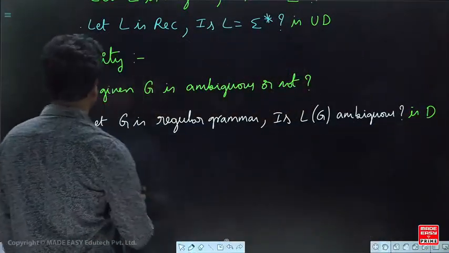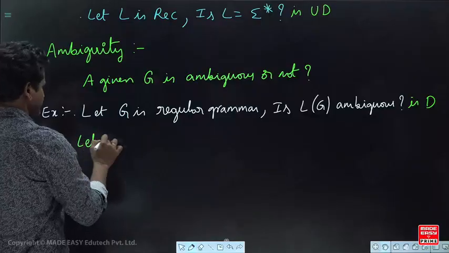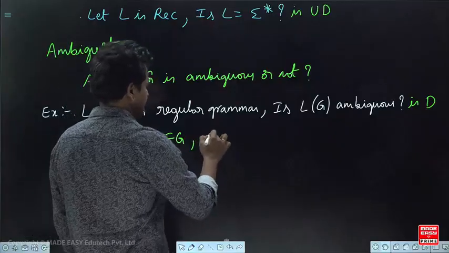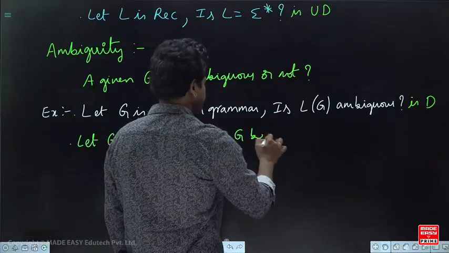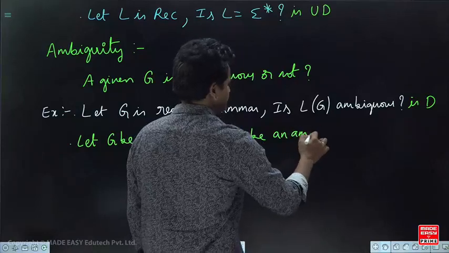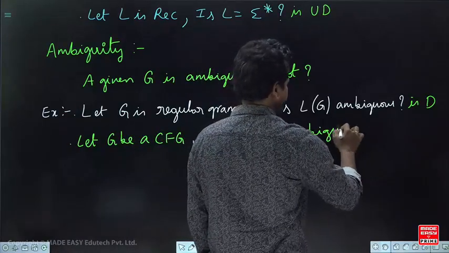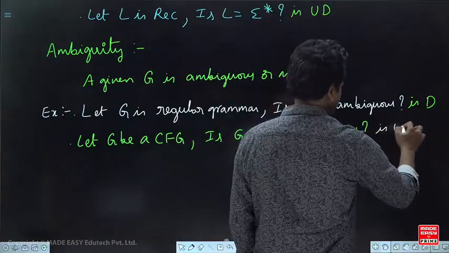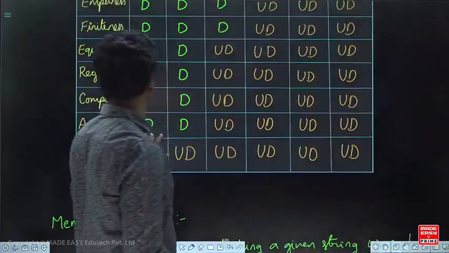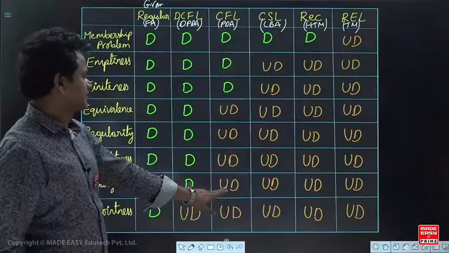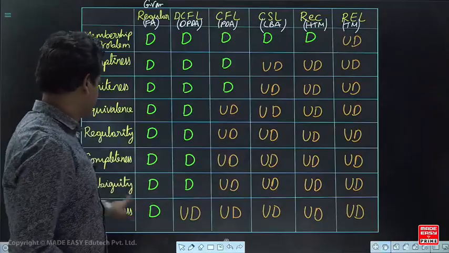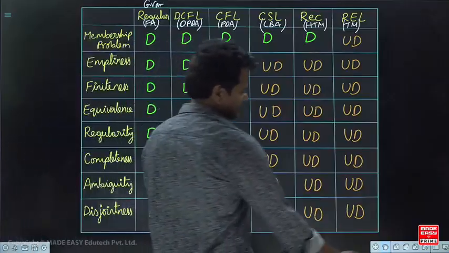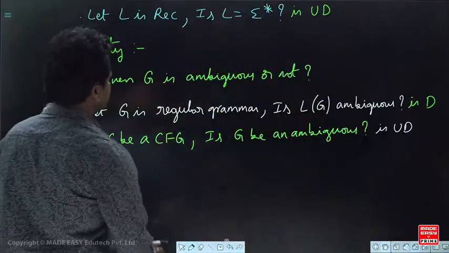Now next, let G be a context free grammar. Is G ambiguous? This is undecidable, because ambiguity of context free grammar is undecidable. If it is a deterministic context free grammar, it is decidable.